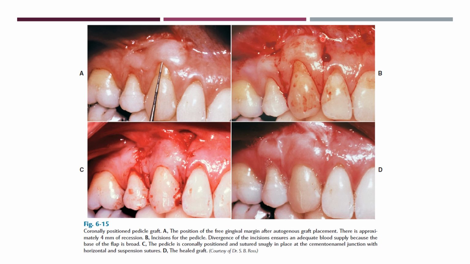So incision is given, right? For the pedicles, okay? Divergence is maintained, okay. And then you can see that the pedicle is positioned and sutured in place, right, at the CEJ, right, guys? Here, can you see it's sutured at the CEJ, and then the healing of the graft takes place, okay? Right.